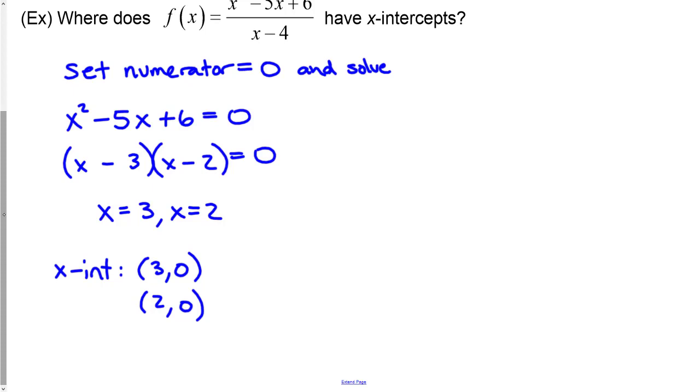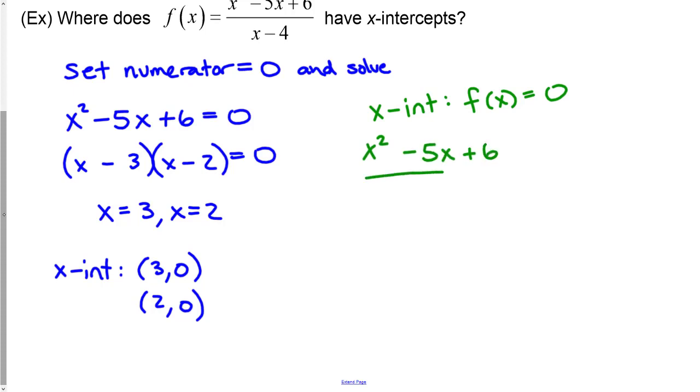And one thing I want to mention is normally when we're coming up with x-intercepts, we take a function and set it equal to 0 and solve. The reason we're not doing that here is because, let's say hypothetically, I took my function x squared minus 5x plus 6 divided by x minus 4, and I set that equal to 0 and started to solve this.